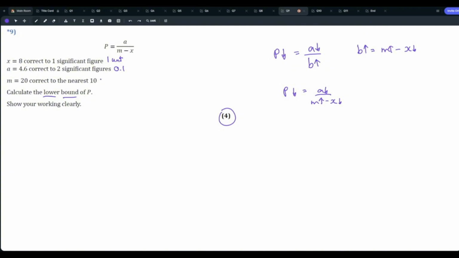So it's just 10 here. Right. Now, when we're doing bounds, it's going to be plus or minus the half of each of these. So 1 unit will be plus minus 0.5. 0.1 is plus minus 0.05. And a 10 plus minus 5.